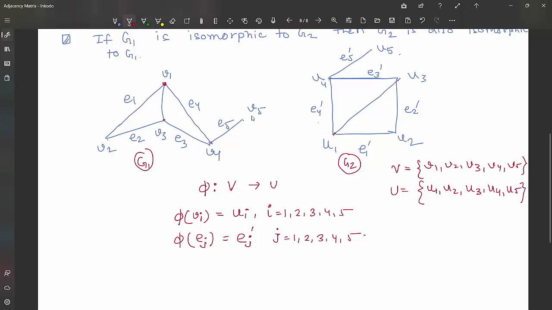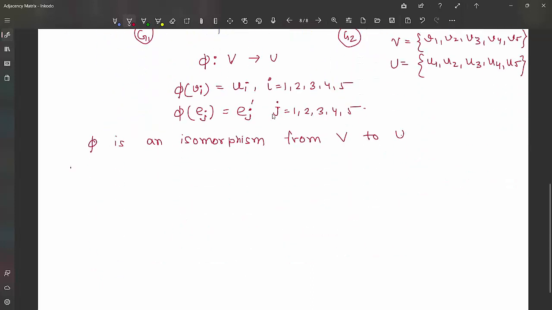So we can say that this phi is an isomorphism from V to U, and G1 and G2 are isomorphic. So this is the way of checking the isomorphism.